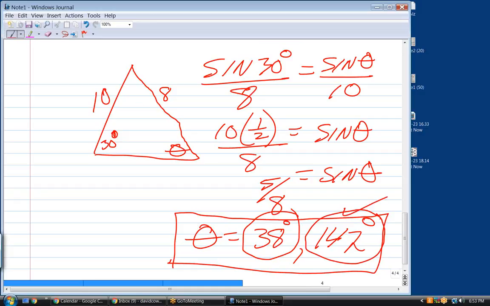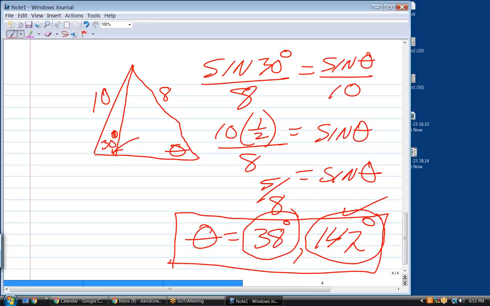Can I make theta 142 degrees? Well, not in that triangle. Actually, not in this one, but if I draw the triangle like this, that angle right there is 142 degrees. And it fits because the sum of the angles has to be less than 180.